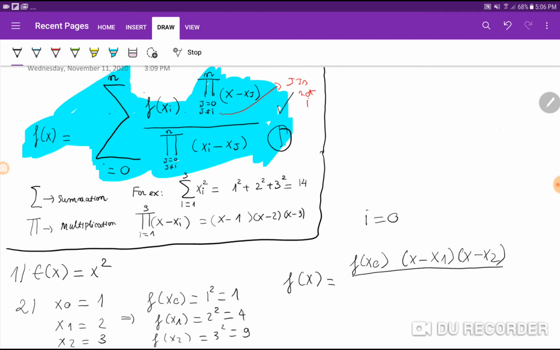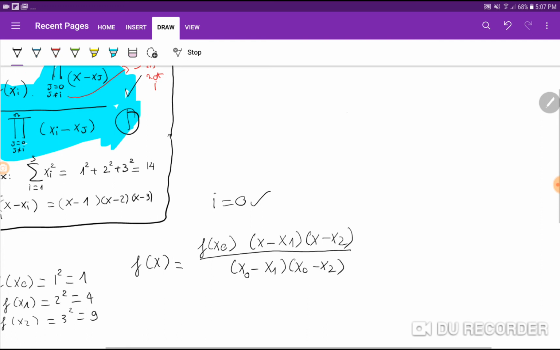Similarly, you have your denominator would be x minus x0. Sorry, my apologies, because it's xi. So xi, this is i is 0. So this is x0 minus x1 times x0 minus x2. You continue.